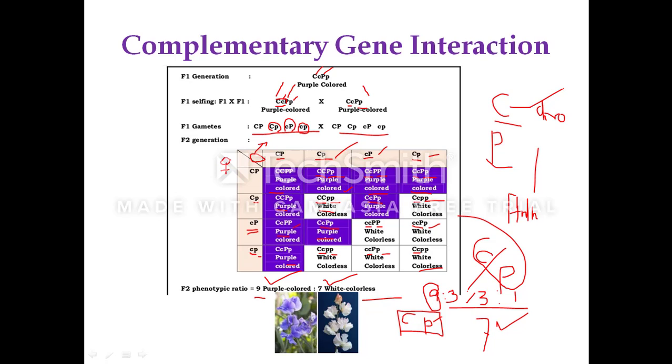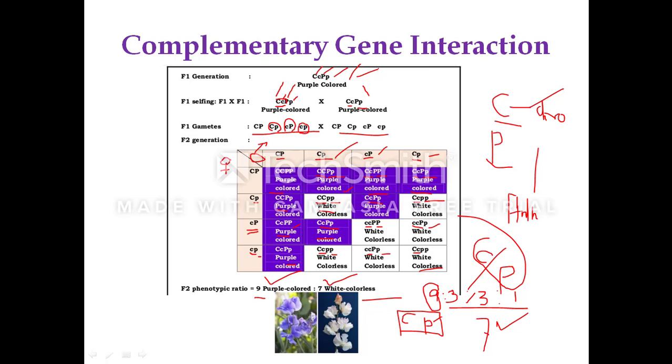If there is no P, the second step, that is the action of this enzyme on the chromogen, will be blocked. So C and P act as complementary to each other's function to produce color. They should be present in homozygous dominant condition, capital CC, capital PP, or in heterozygous dominant condition, that is capital C small c, capital P small p.